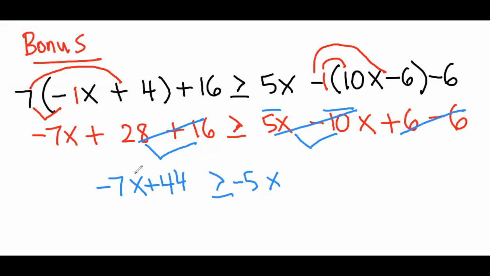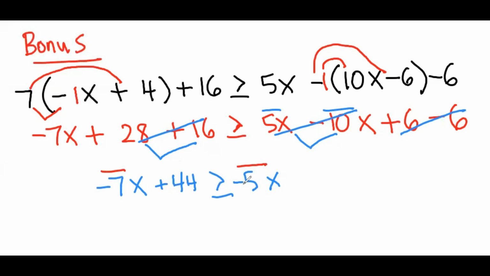So now what we have is 3 terms here. Okay, let's move that 44 over a little bit. Okay, and so now the next thing we want to do is find our like terms. Our like terms, first of all, if we're using the variables here, the negative 7x and the negative 5x, well, this is where there's an exception.